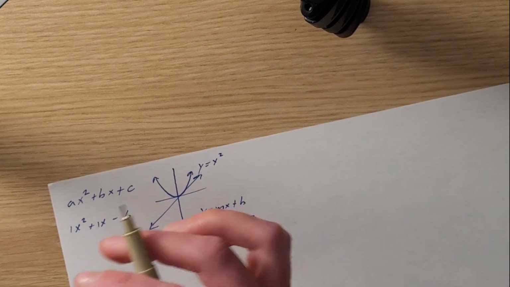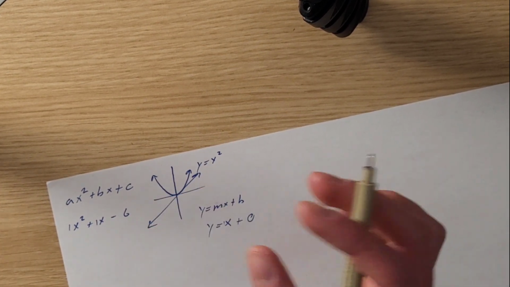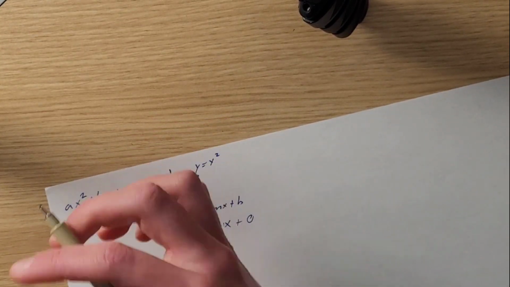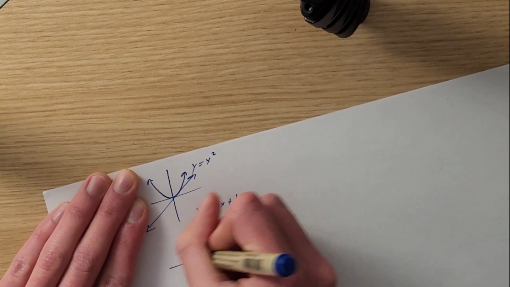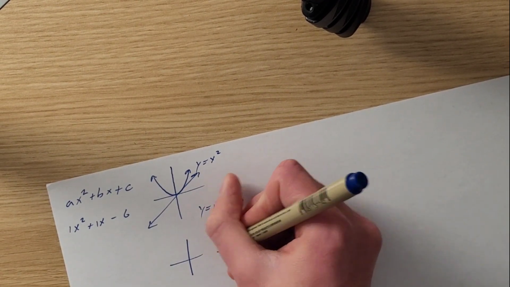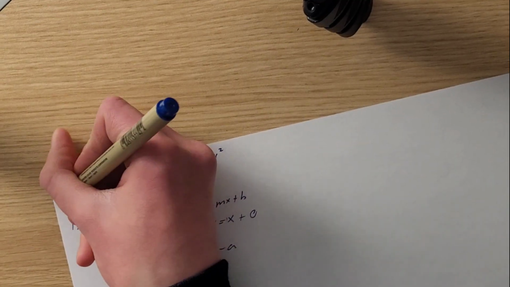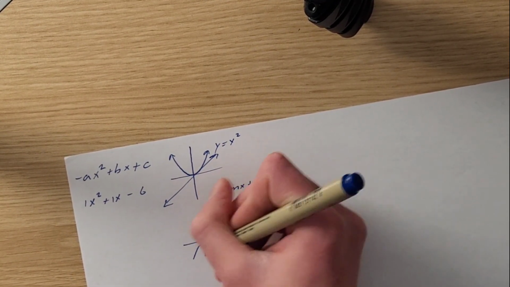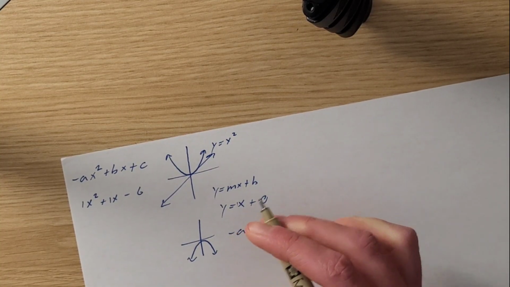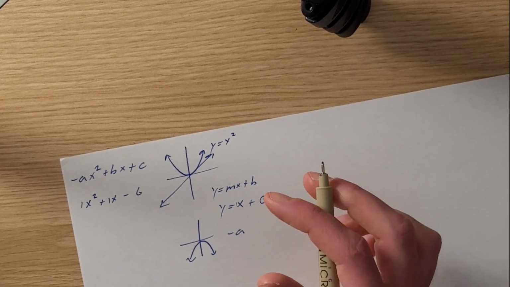If reflection and vertical stretch are words that are new to you, I'm going to quickly explain them right now. Basically, a reflection is if a is negative. If that a was negative right here, then it's going to end up looking like that, and it's going to flip upside down. So that's something you've got to know.